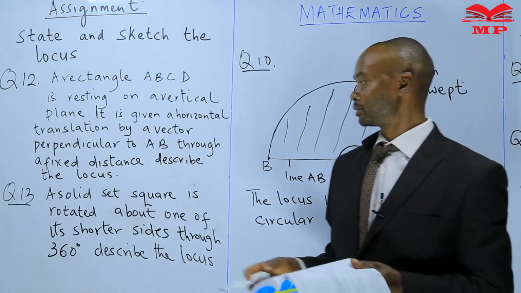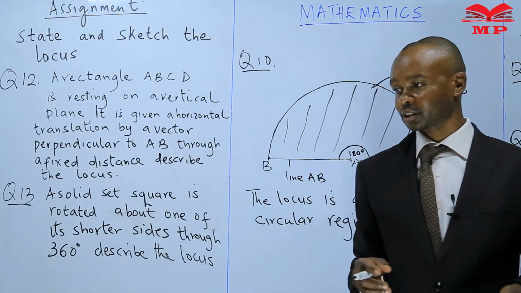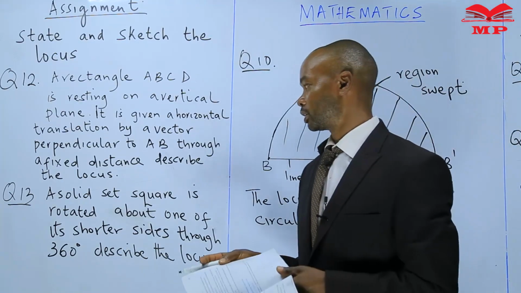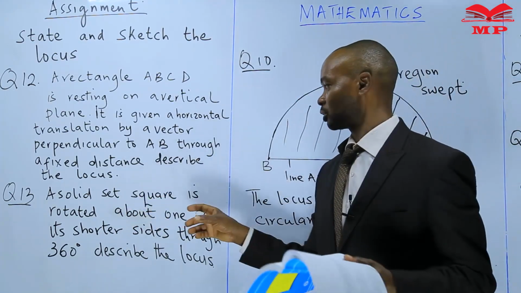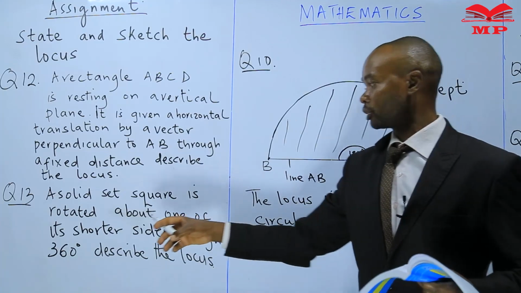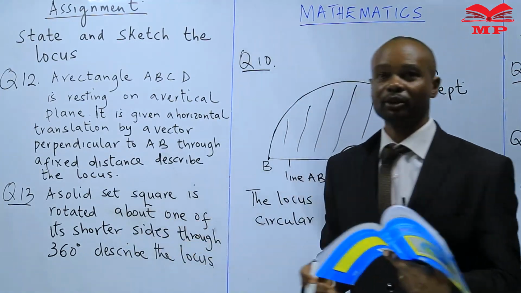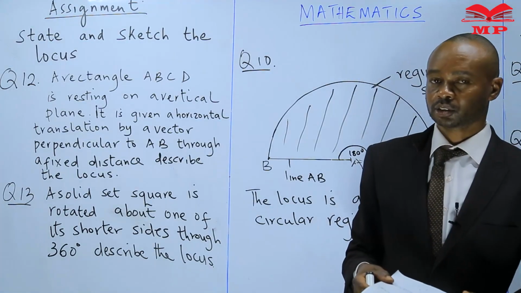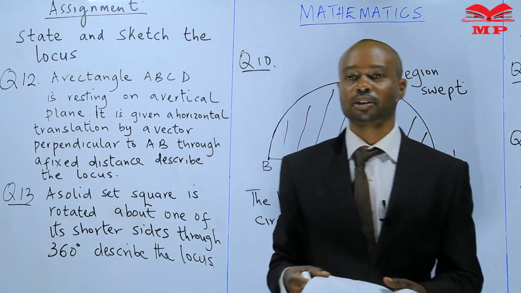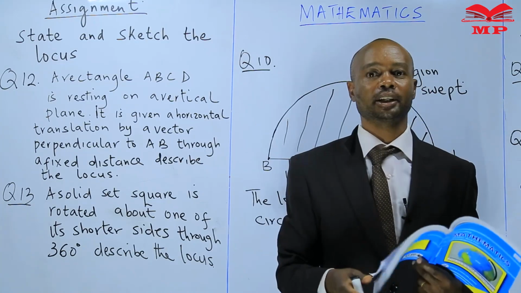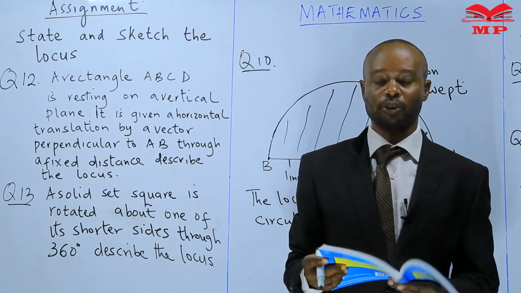Question 13: A solid set square, you know what a set square is, it's rectangular in shape, is rotated about one of its shorter sides through 360 degrees. Describe the locus.